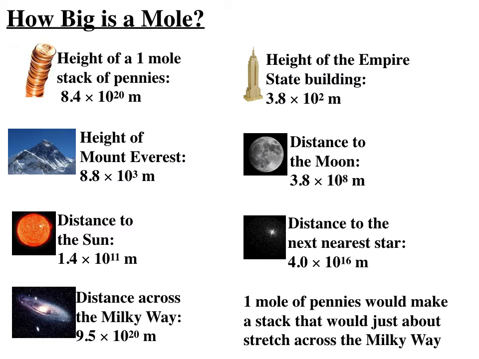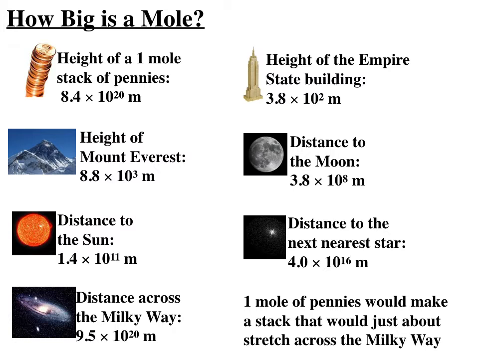Got to keep going. To the moon is 3.8 times 10 to the 8 meters. I think I said at the beginning 8.4 times 10 to the 8 meters high. I meant 8.4 times 10 to the 20 meters high is how far we've got to go for our mole stack. So to the moon, we're still not quite there yet.